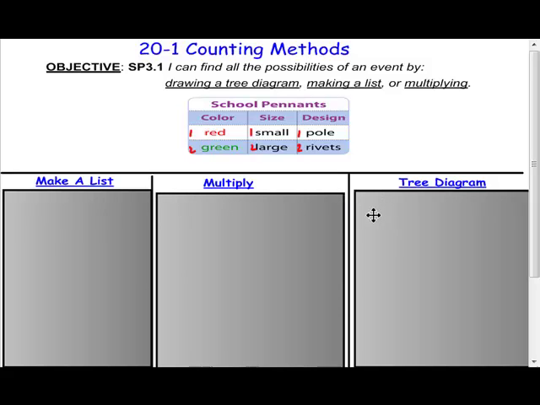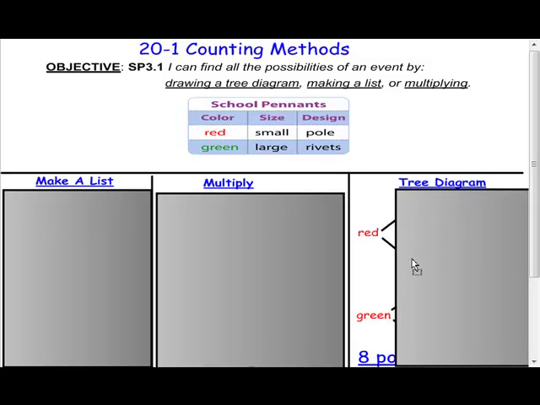The third way of doing this is by doing a tree diagram. With a tree diagram, we start off with our first set of choices. We write them down. Now, one of the key techniques is to make sure you leave some space so that they're far apart, because like the branches on a tree, it's going to get real big real fast.